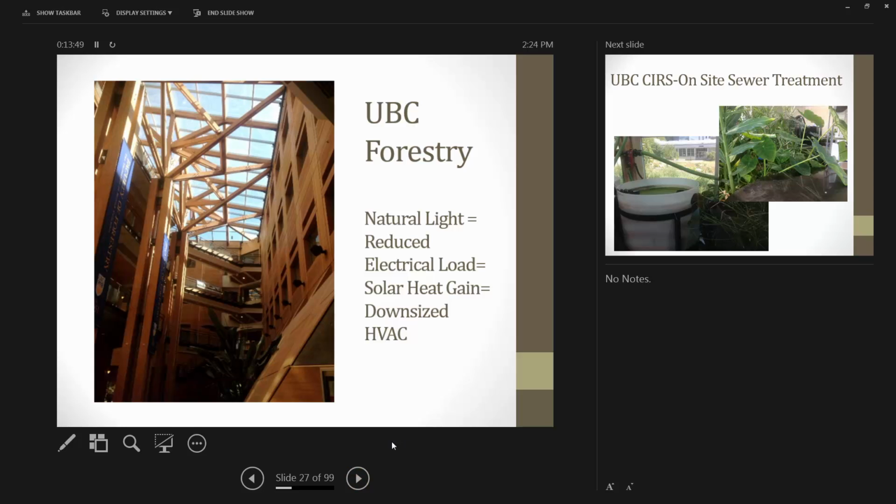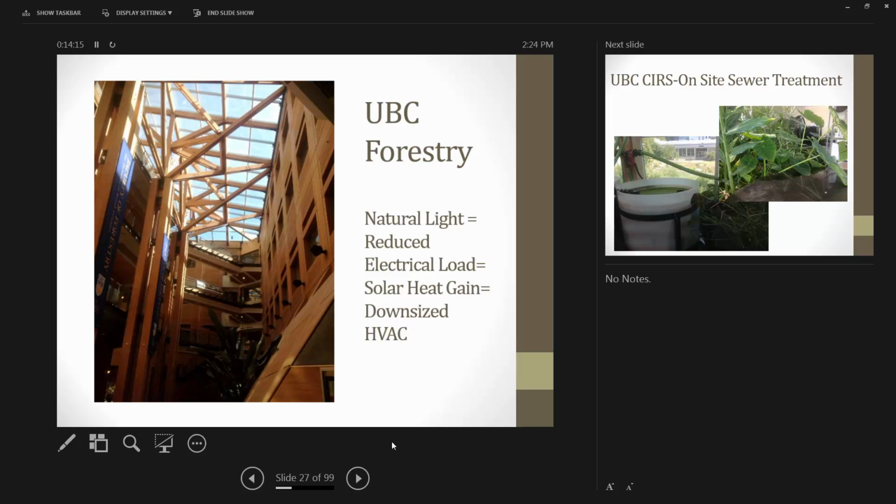Here's just one example. This is a building at University of British Columbia, and one of the things they did was spend extra money to create this whole solarium area in the central hallway, increase the amount of natural light. With this natural light, and they also put light controls in, they reduced their overall lighting load.